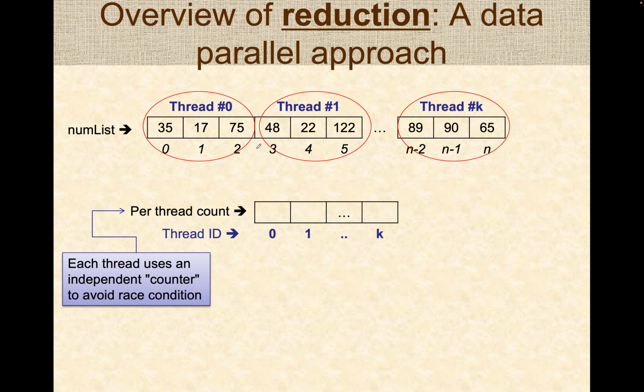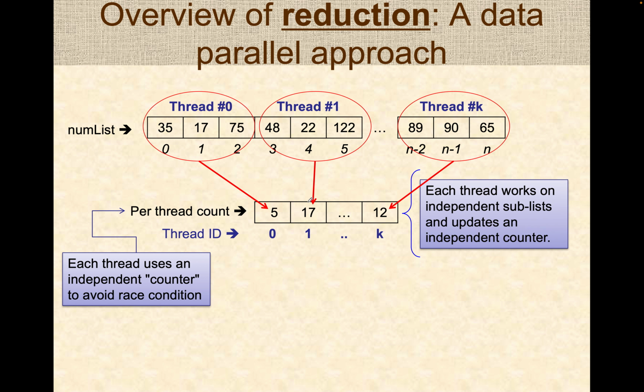However, what we're going to do is create a temporary intermediate list of results for each one of these threads to update. So each thread computes its own results from its subset of the list and stores it in this temporary value.